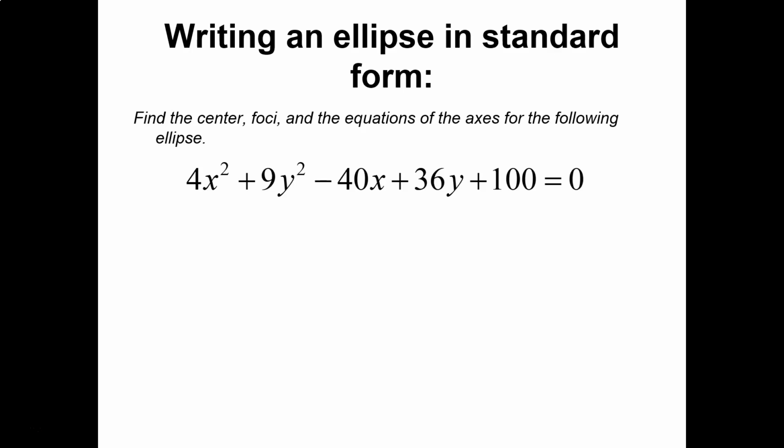So yesterday, what's the first step that you did yesterday? A equals 1. Can we put the A1 sauce on this? We cannot, because if we do, which one do we use, right? Because I have a 4 with my x squared, but I have a 9 with my y squared.